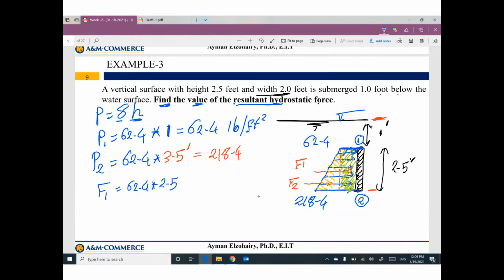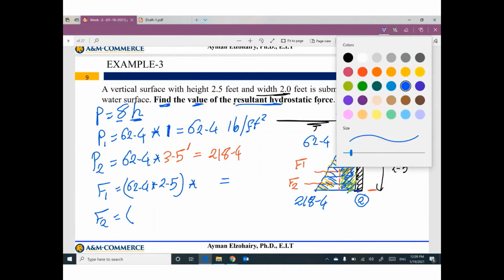This is the area of the rectangle, 62.4 times 2.5 times something. F2 is the area of this triangle. What is the area of this triangle?